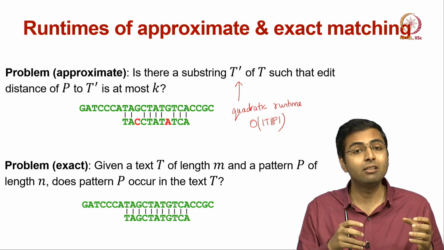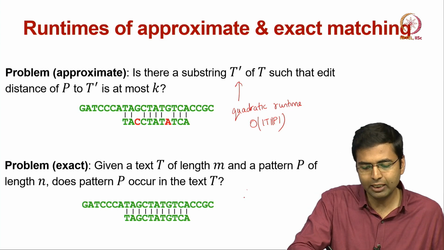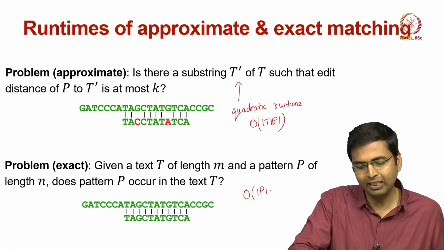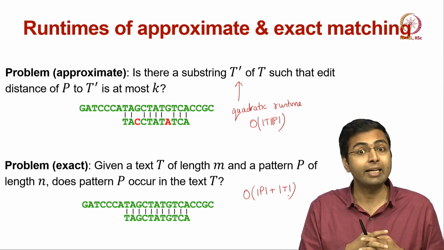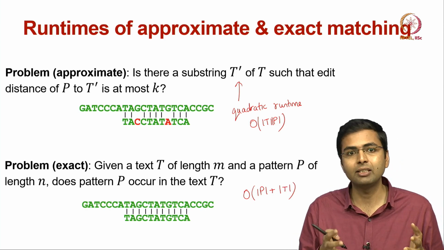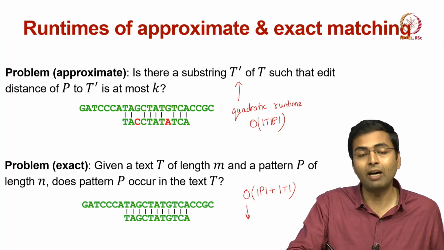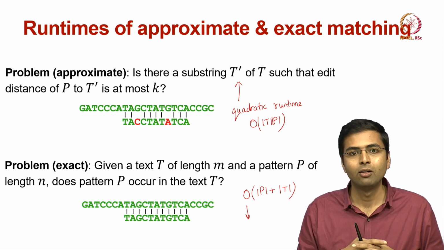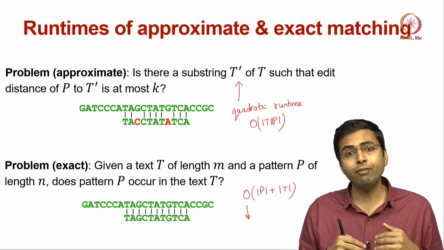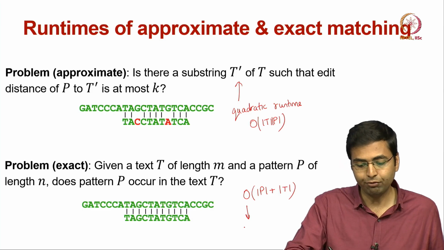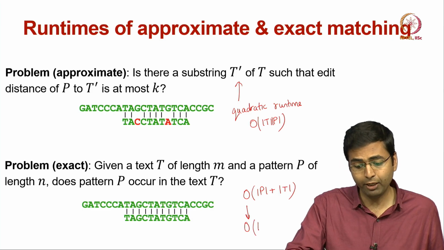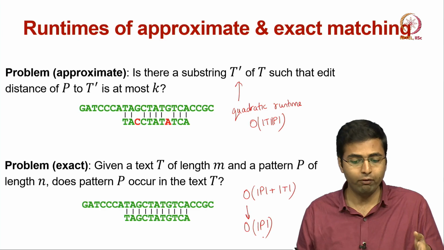So, even without any index, we can solve this problem in order p plus t using the Z algorithm that we have discussed so far. And if we consider indexes like suffix arrays and suffix trees, then we can achieve much faster times than this. The runtime that we have, for example, using suffix trees is only order p for solving a problem like this.